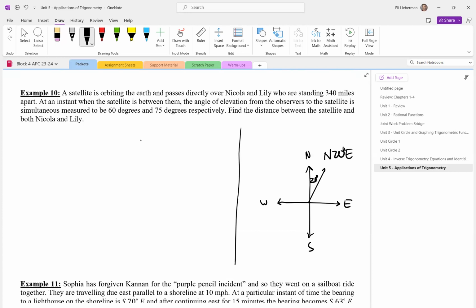So if we're going in this direction, let's say this is 55 degrees right here. Would you please discuss with your neighbor what the bearing of that direction would be?